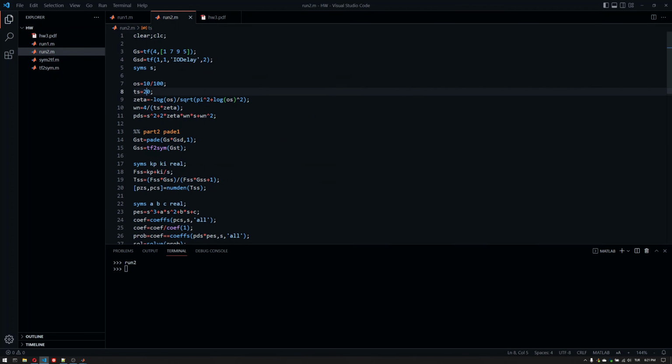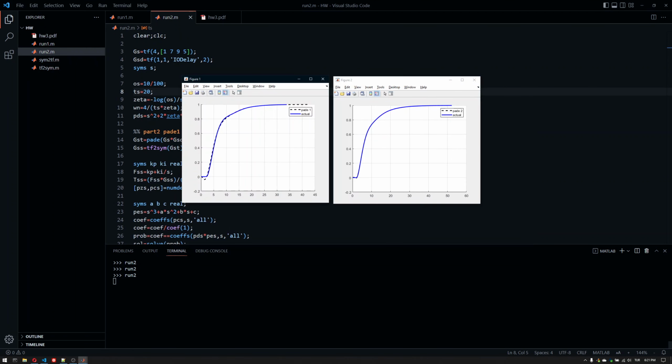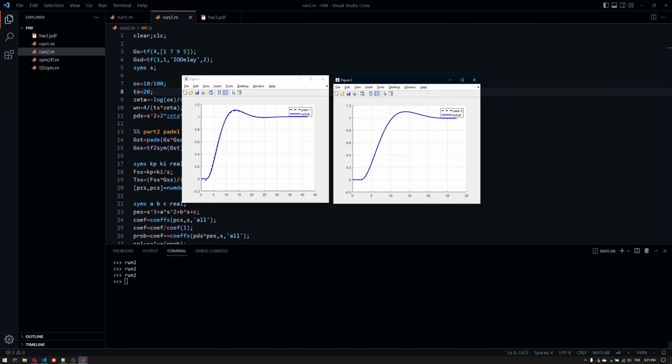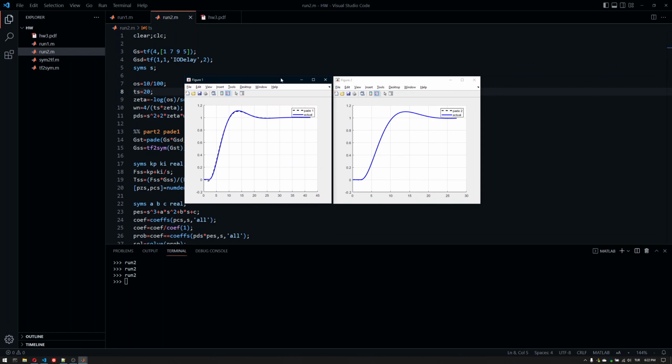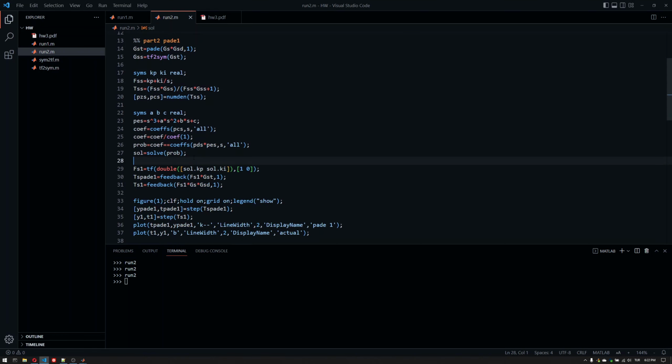So what happens if I change it to 20, because the aim was 20? Yeah, it doesn't really change. Well, actually, it changes. So if we take TS equals 20, we can see it works, but we didn't do anything to it so that it works. It just works naturally.